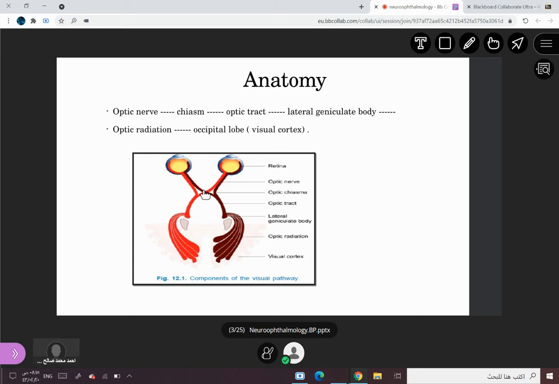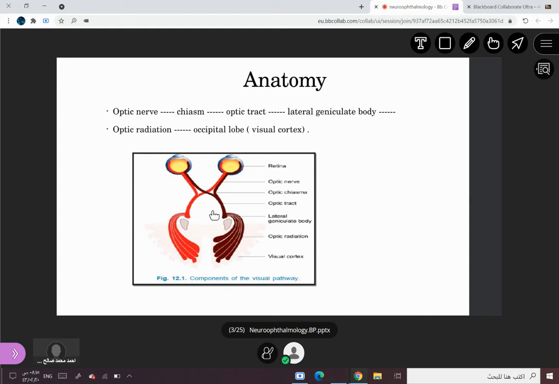For the scientific information there is an exception. We will not discuss these exceptions and it is outside the scope of this lecture. Okay, we agree that the nasal retinal fiber from each eye will decussate to the opposite hemisphere.